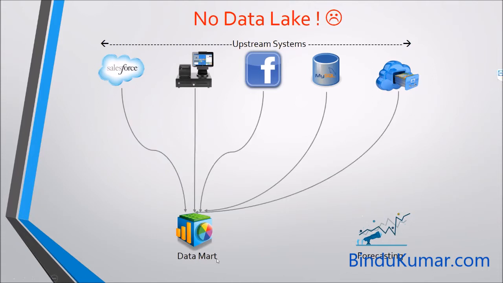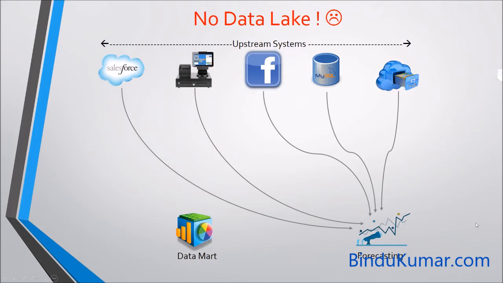Often there are multiple applications. So here you'll see that there may be a data mart that may request data from all these systems to do data analysis or business intelligence, right? Similarly, there may be another application that may want to do some sort of forecasting, right? So you often have a lot of applications that need to get the data from the upstream systems.